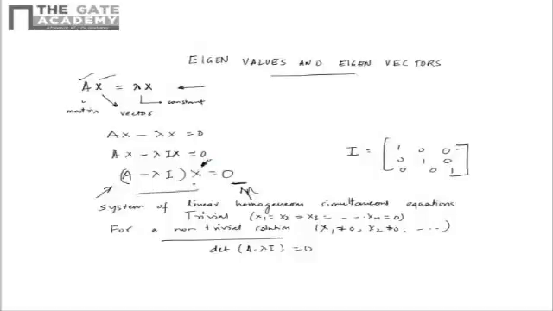You can take A to be a 3 by 3 matrix, so this becomes 3 simultaneous equations in 3 variables. The default is the trivial solution where x1, x2, x3 are 0. But for a non-trivial solution to happen, the rank has to be 2, and the rank of both the augmented matrix and the A matrix has to be 2.